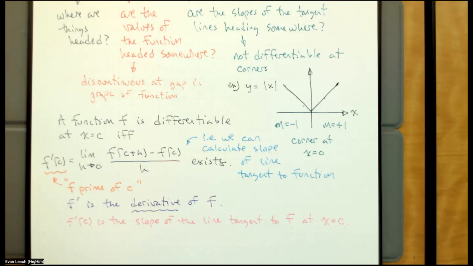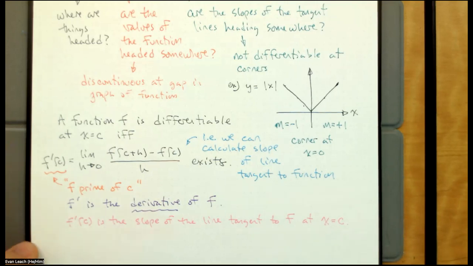That's our graph interpretation. The reason we care about the slope of the line tangent to the function at a given point is that this is telling us the instantaneous rate of change of the function with respect to x at the given point.